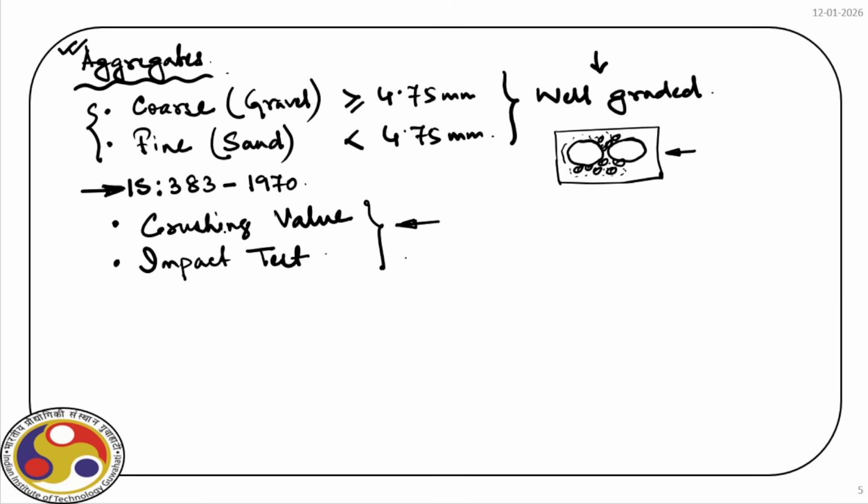Now, for the time being, what are the different properties that we should be worried about when we design a reinforced concrete structure? These are as follows.